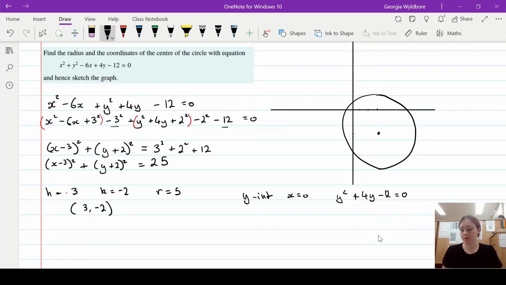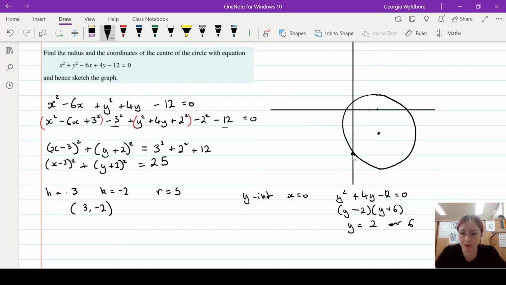You can just solve that by inspection to say that we're going to have y plus 2 and, sorry, y minus 2 and y plus 6, because those two together multiply to negative 12, add to give you 4. So y is going to equal 2 or negative 6.